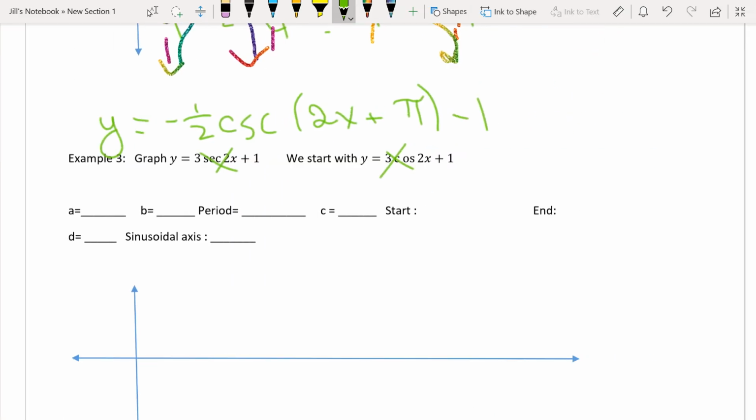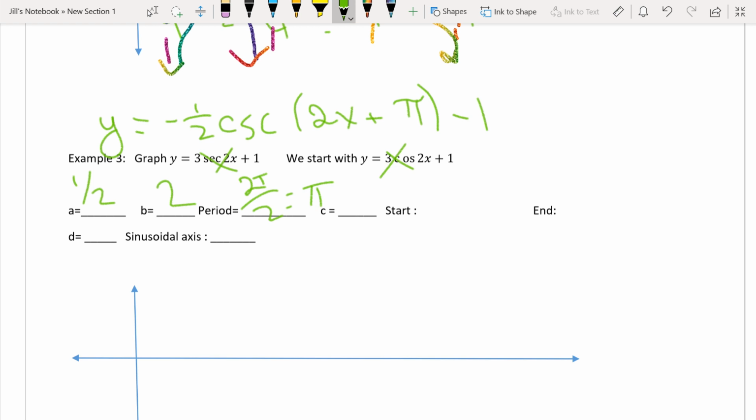First thing we're going to do is start with the amplitude. The amplitude of this graph is 1/2. The b is 2. So the period is 2 pi over 2, which is pi.